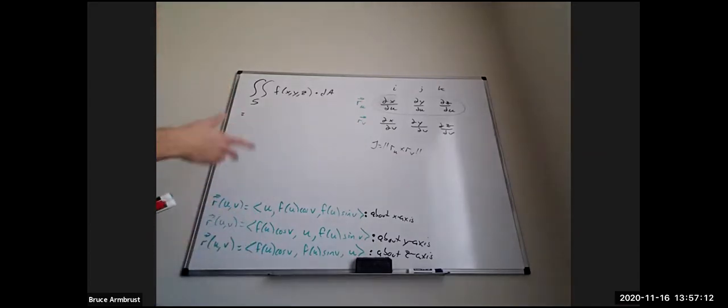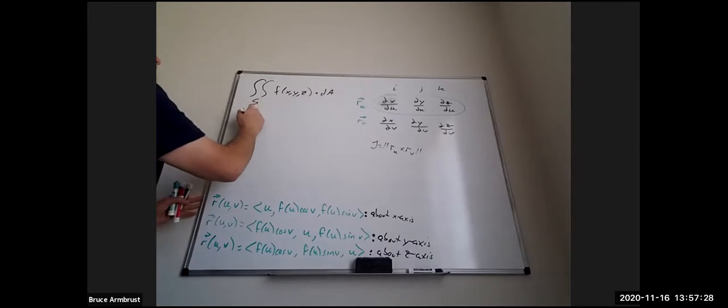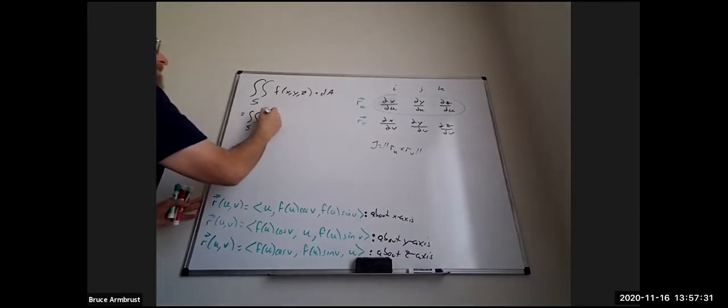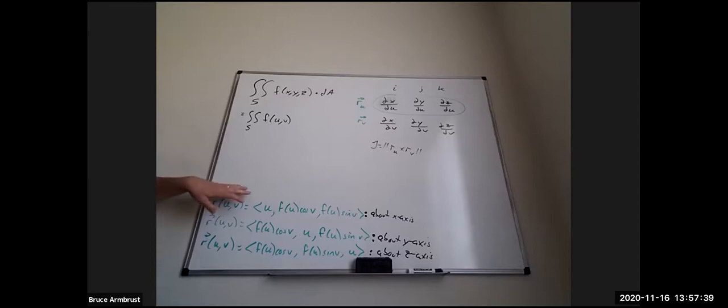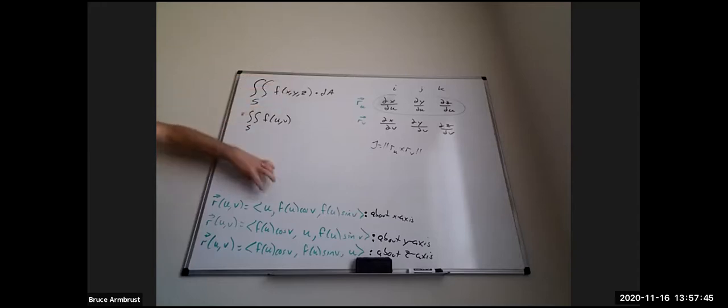All right, so long story short, very long story, shortened very much so. It turns out that for a surface integral, what we're going to do is have the double integral of our function, but now in terms of u and v. And we're going to use whatever our parameterization is. So hopefully you guys are cool with that. Like technically it's every x gets replaced with the x component, the y gets replaced with the y component, and so on. But I just want to make it so it's easier to write.